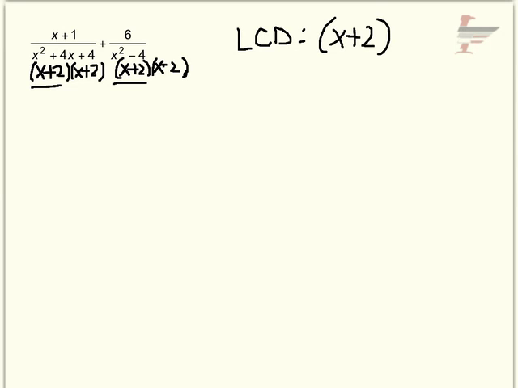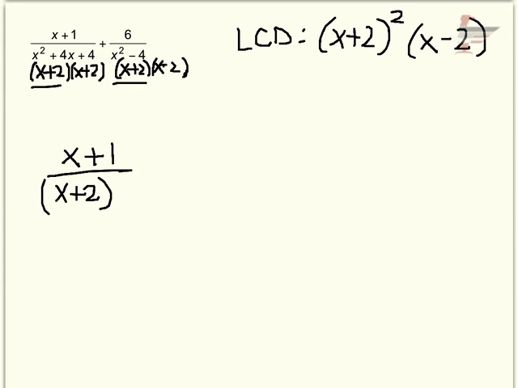And then the leftover stuff they don't share in common is another x plus 2, so I'm going to square that, and an x minus 2. So again, I'm going to write this out, but I'm going to leave a little space in between the two fractions so I can adjust. So the least common denominator is x plus 2 squared times x minus 2.